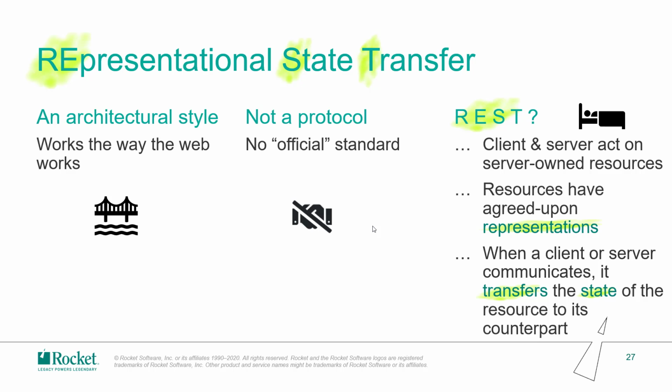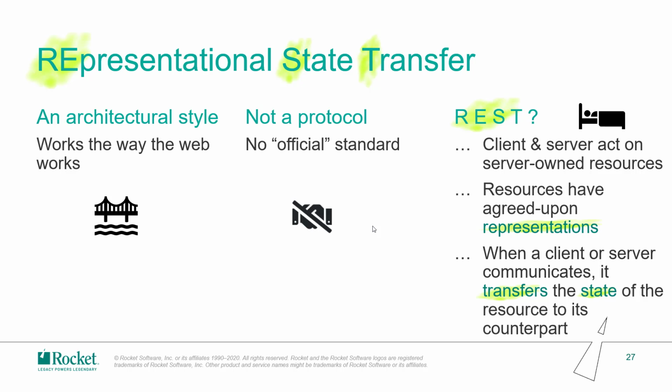The client may want to make a change to that resource, so it might take the representation and change, for example, the last name field in a JSON document to be Smith instead of Jones. Once it does that, it transfers this new state of the resource back up to the server, maybe via a PUT request, and the server acts on that new state, presumably saving it into its data source.